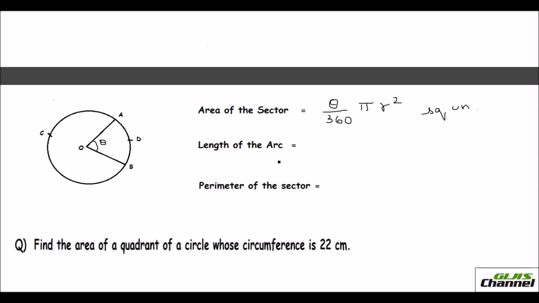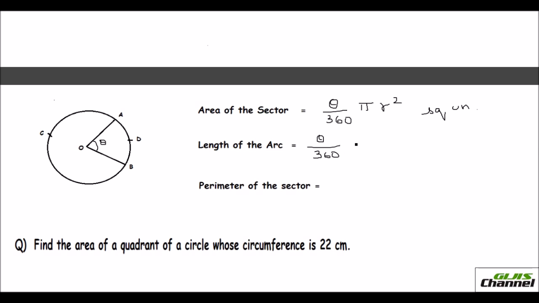Now, the length of the arc. To find the length of the arc, I told you it is the border, right? AB, this border. So it is something to do with the circumference of the circle, right? So here it is theta over 360 again, because it is only that portion of the arc you are taking.